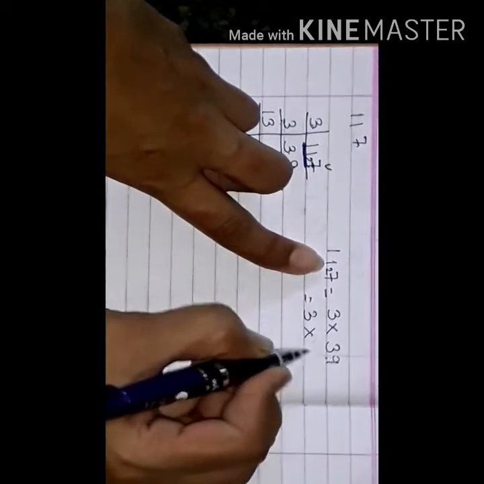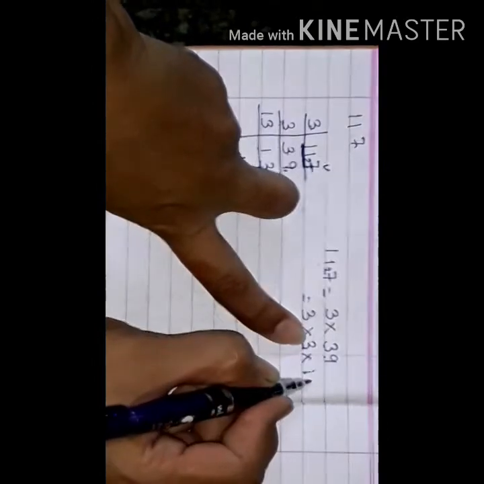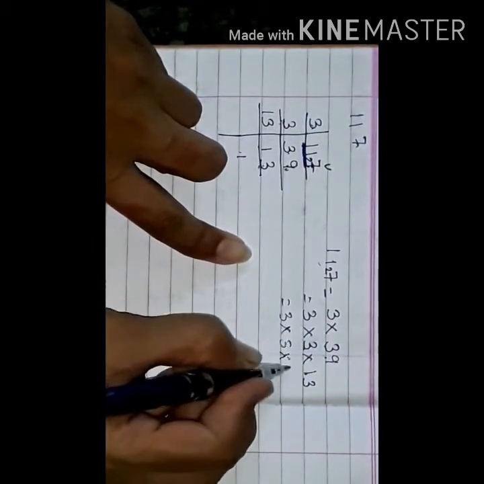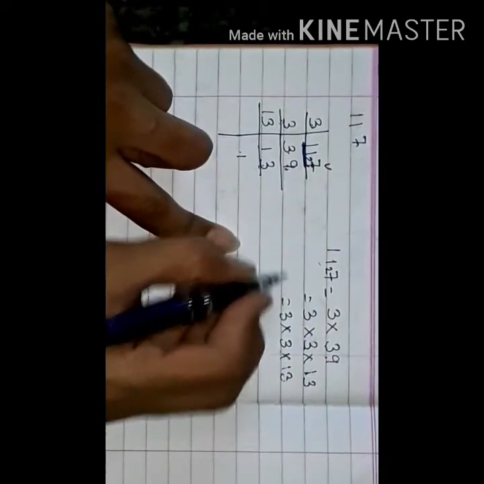Again 3, 3, 3 1s are 3, 3 3s are 9 and 13. So these are the primes of 117.